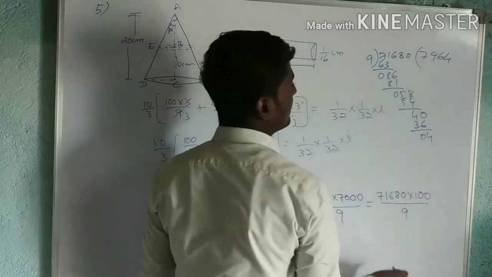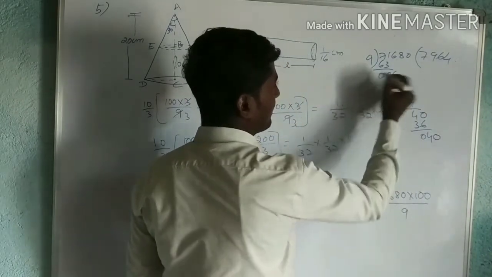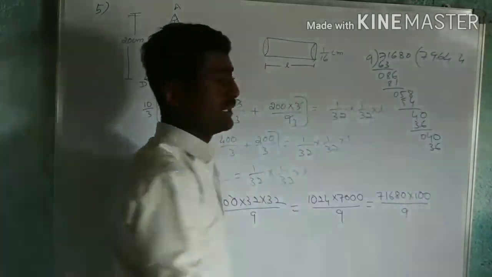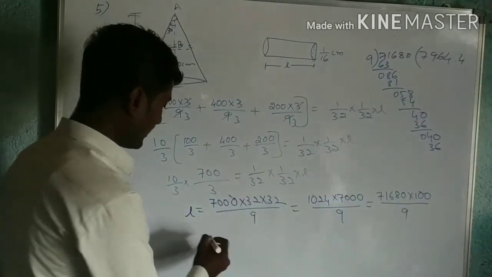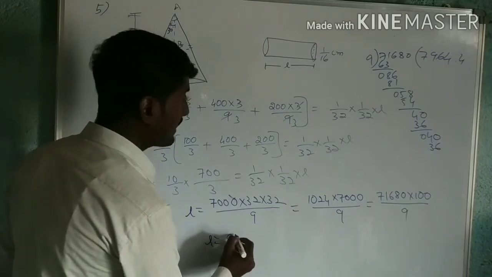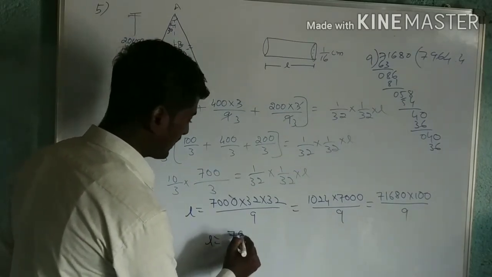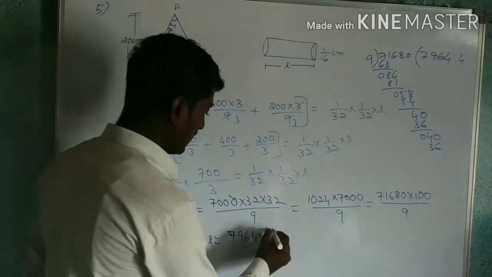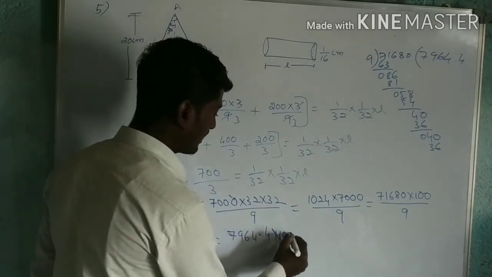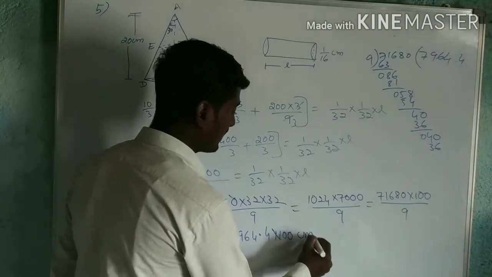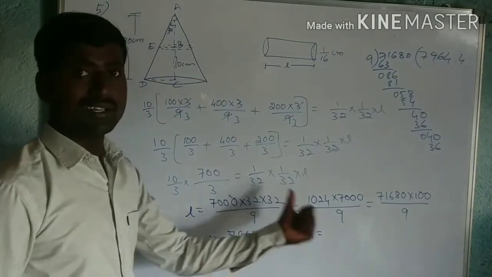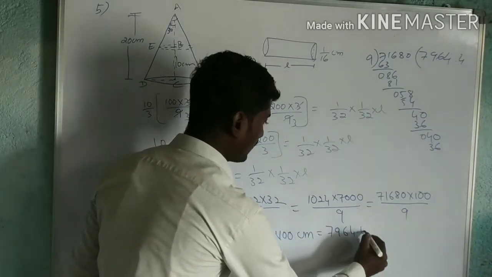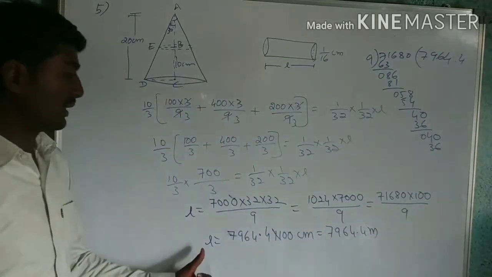Point. Next it will be 40, 9 4s are 36, so this 4 will continue. So I can write L is equal to 7964.4, that is 0.4 into 100. So this is in centimeter. Now we can write it in meter, that is 7964.4 meter. This is the length of the wire.